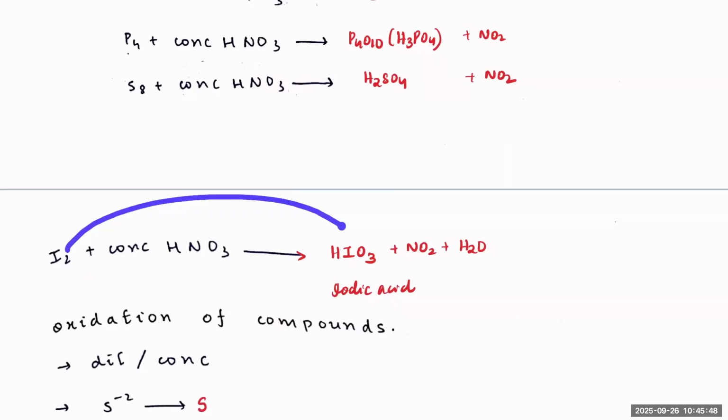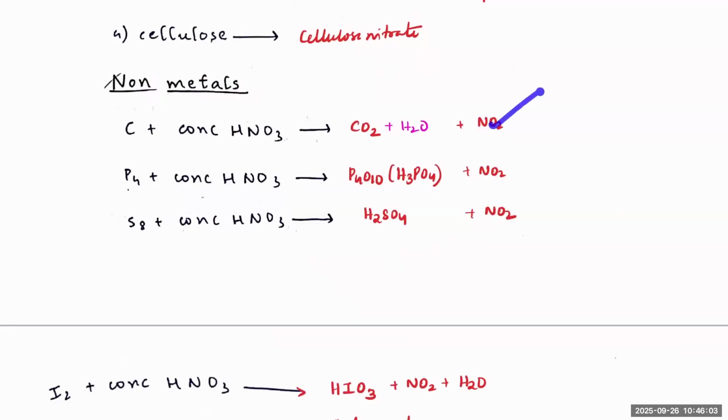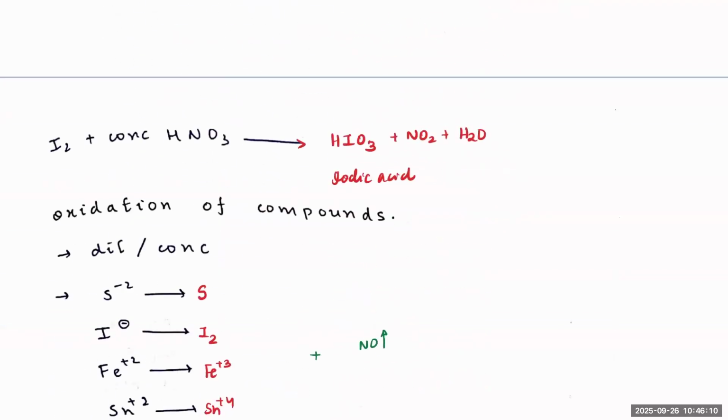Iodine will convert into HIO3, not HIO4. It would convert up to iodic acid. HIO4 is an unstable form actually. That's why it would mostly exhibit HIO3 formation. The product is the same in all the cases. They release only NO2 gas. Clear?